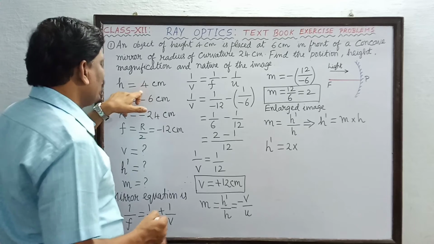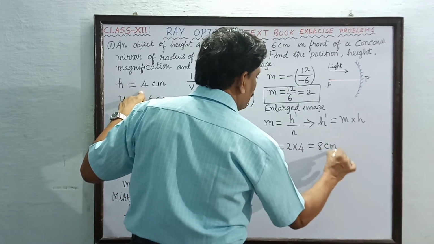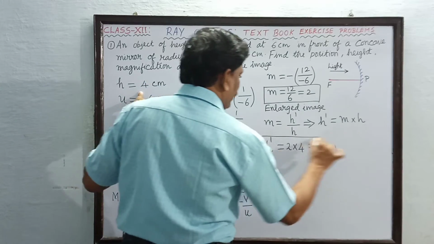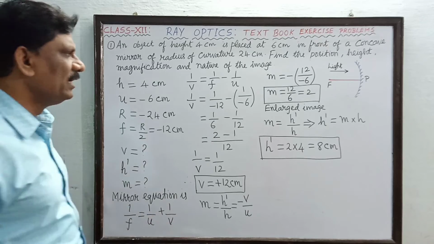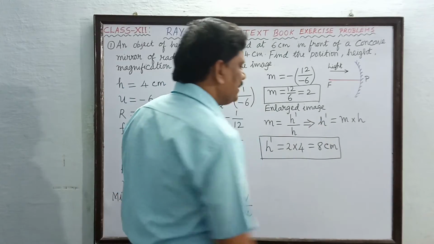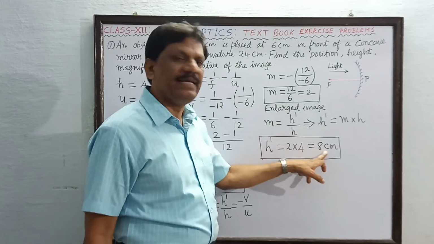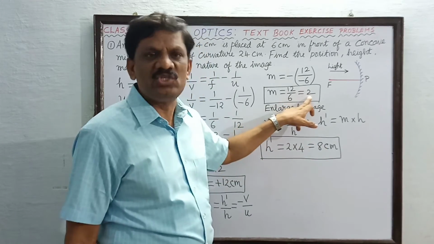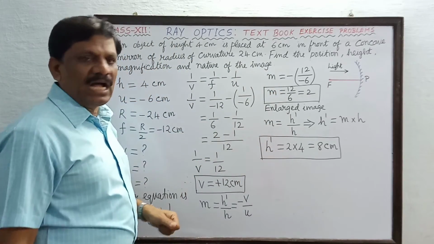The height of the object is 4, so this is equal to 8 centimeter. So we have found the height of the image is 8 centimeter. Object size is 4 centimeter, image size is 8 centimeter, so magnification is 2. We have found all these quantities which are asked.